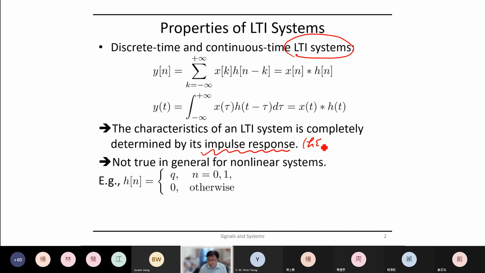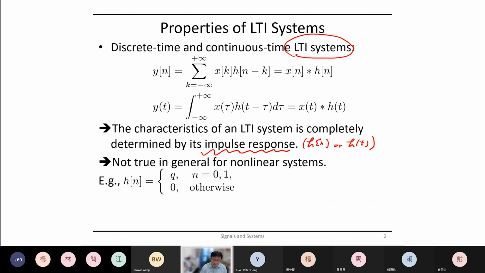Either h of n or h of t. Okay. But notice that this is not true in general, especially when you are looking at nonlinear systems. So this is true only for LTI systems.